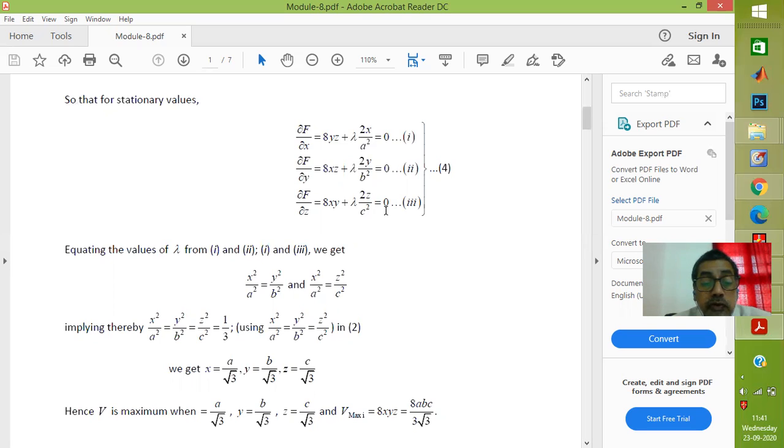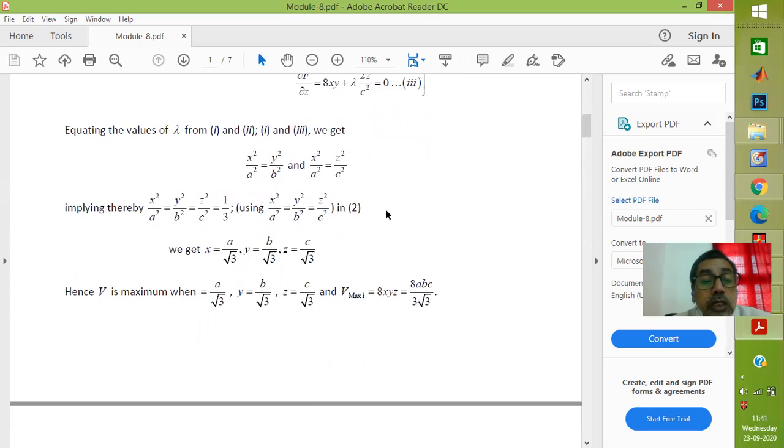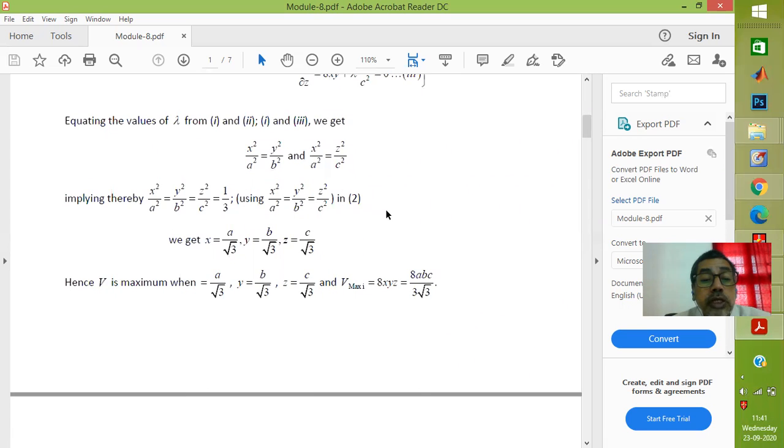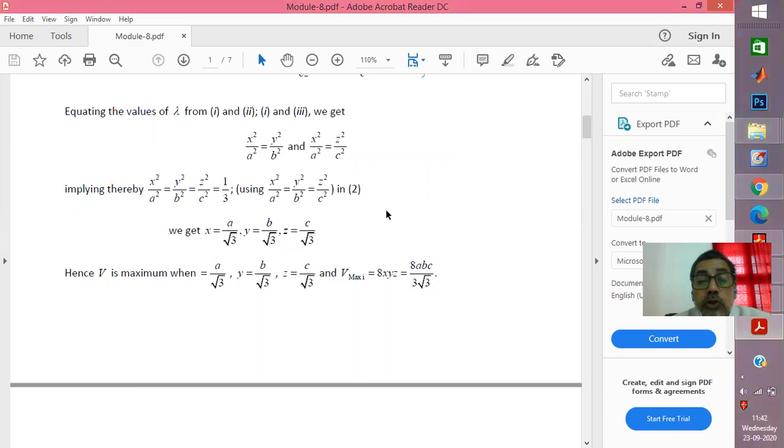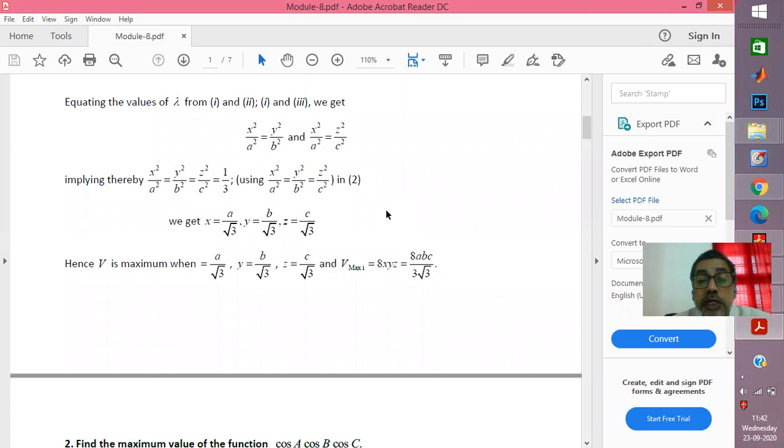And to find out the values of x, y, z, you substitute the relation in the constraint equation, that is in x squared by a squared plus y squared by b squared plus z squared by c squared is equal to 1. So we get x is equal to a by root 3, y is equal to b by root 3, z is equal to c by root 3. And then substitute this in the objective function 8xyz, and you get the volume of the largest rectangular box to be 8abc by 3 root 3.